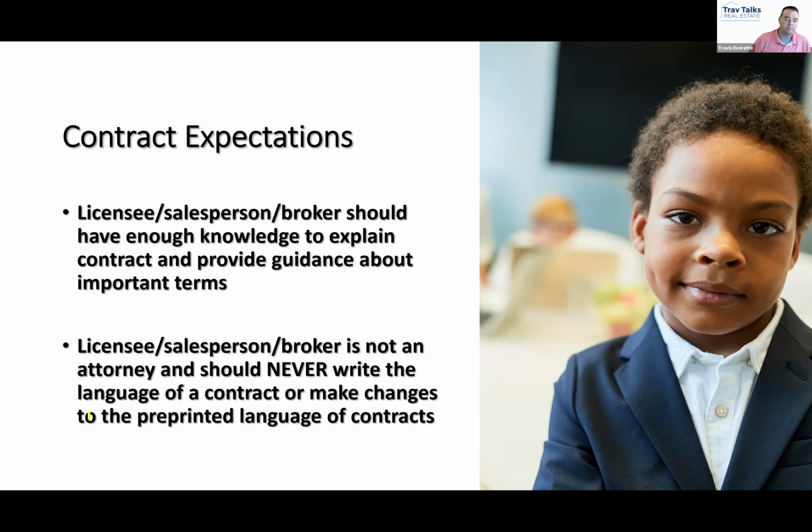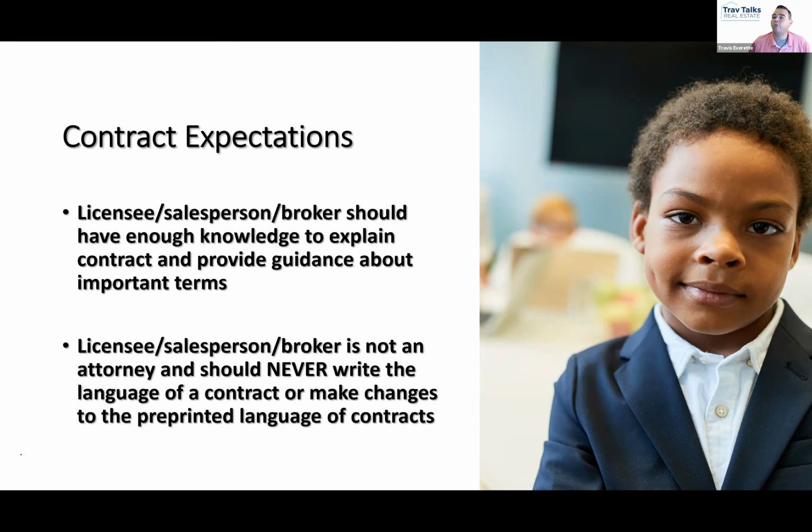That being said, you're going to see a test question about something, and I just realized the slide needs to be adjusted here. This next bullet point says the licensee is not an attorney, unless you are an attorney, in which case this doesn't apply to you. But if you're not an attorney, and I'm assuming most of you are not, you should never write the language of a contract.